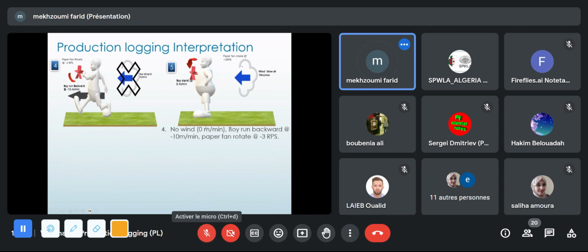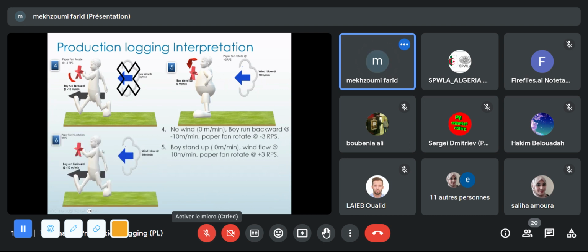Okay. So now let's combine these two figures. What happens? The buoy is running here, and we have airflow or wind blowing at 10 meters per minute. This one, because it makes it on the other side, is -3. This one is +3. So -3 +3, this one is 0.